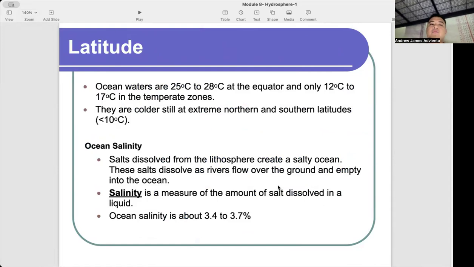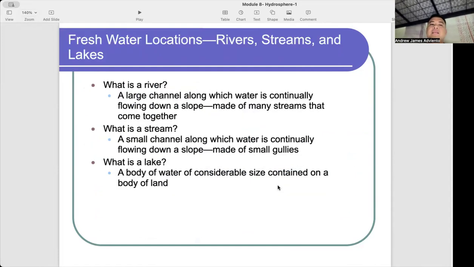Salinity. River. What is a river? A large channel along which water is continually flowing down the slope, made of many streams that come together. Stream, this is the smaller channel. And lake, a body of water of considerable size, contained by a body of land.